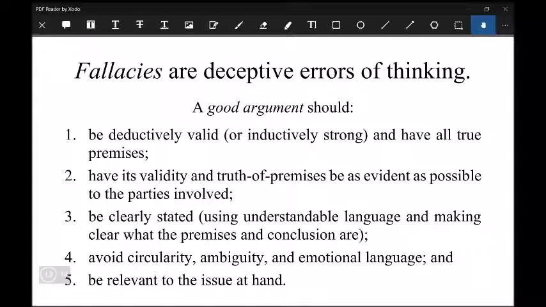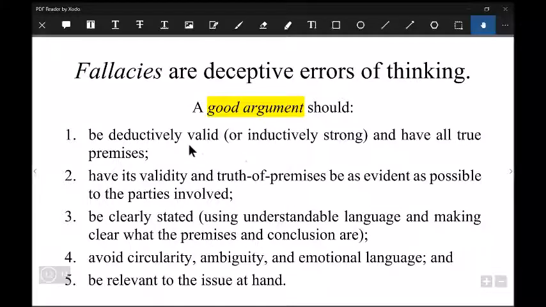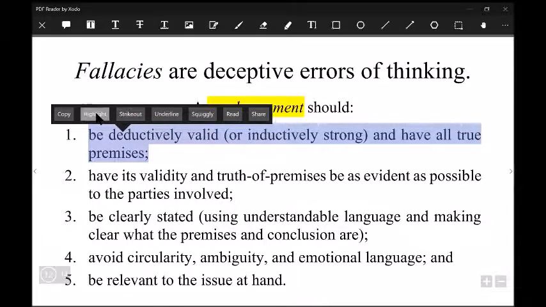I like to start it off by looking at what a good argument should do, because a lot of these fallacies are just not doing what a good argument should do. What do I mean by good argument? Well, it could be logically good, and here the important thing is, is it valid?